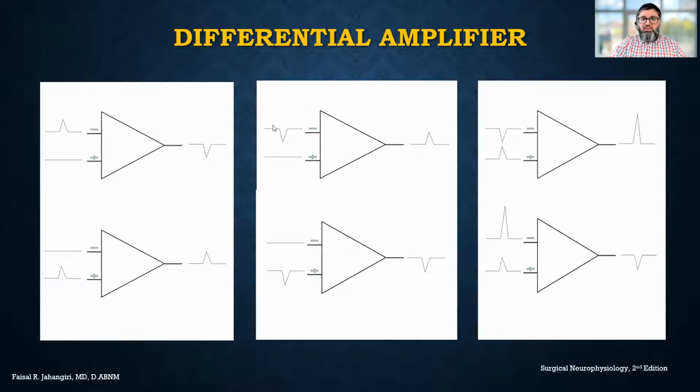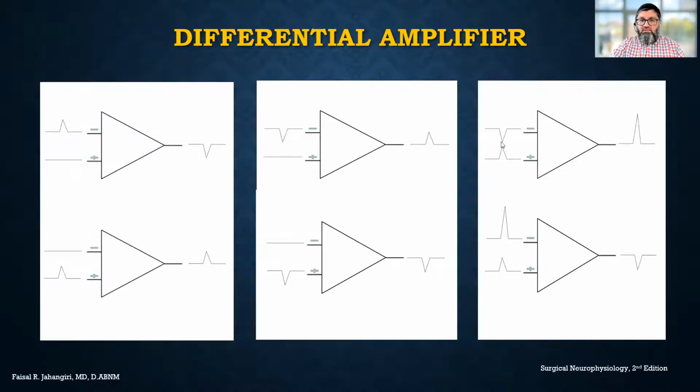If the negative signal is in input 1 and 0 signal in input 2, the negative becomes positive, so the outcome will be going up, a positive signal on the screen. If the negative signal is in positive and 0 in negative, then the output will be negative, so it will be non-inverted, it will stay the same.